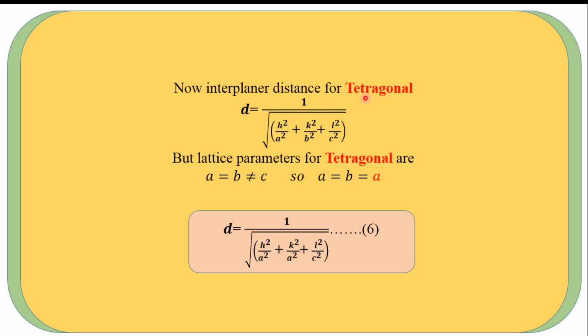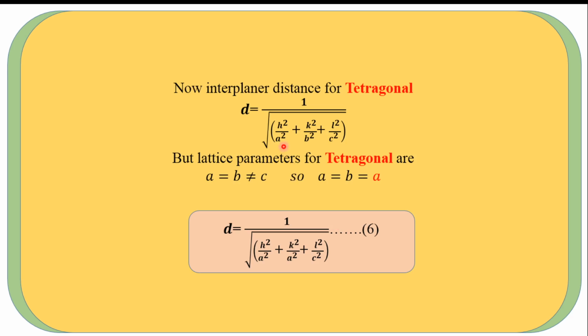Now interplanar distance for trigonal. This is our general equation: d is equal to 1 upon under root h square divided by a square plus k square divided by b square plus l square divided by c square. But lattice parameters for trigonal are a is equal to b, but b is not equal to c. So we can write a is equal to b is equal to a, but not equal to c.